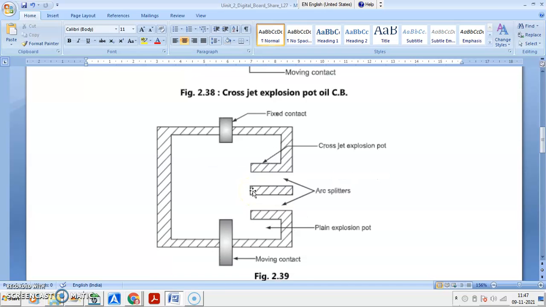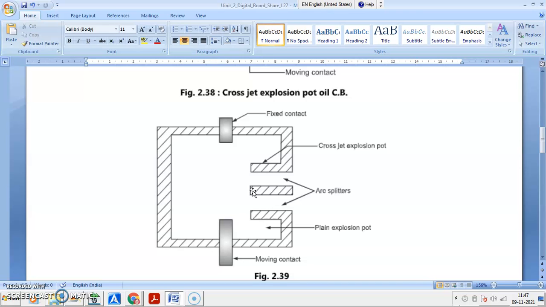In some circuit breakers you have a self-compensated or self-arc extinguishing property. We can see the self-compensated explosion pot, which is used in oil circuit breakers.